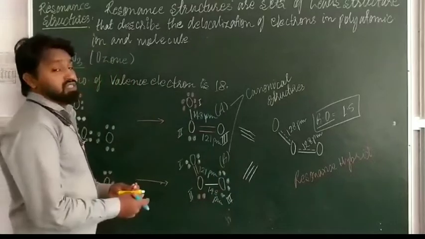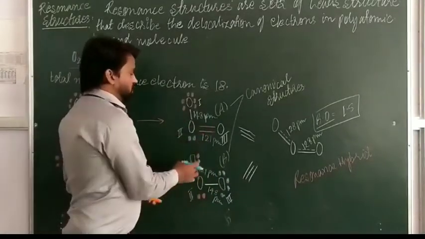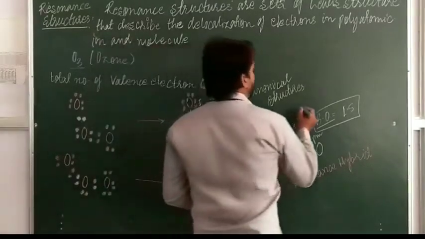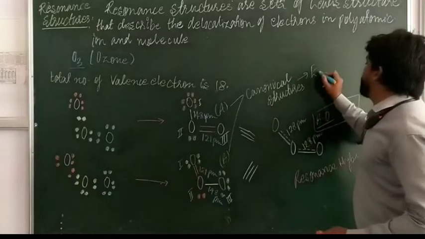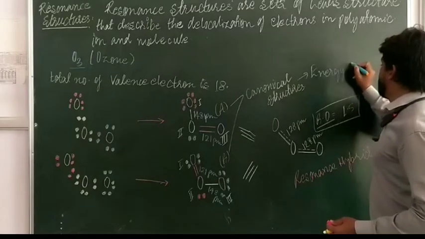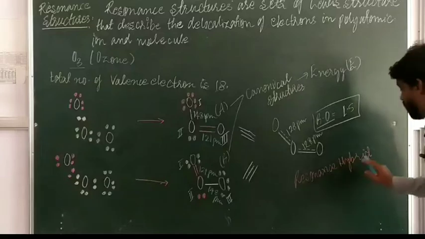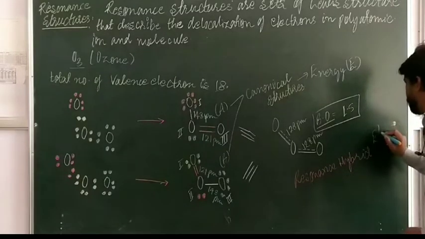If we discuss the energies of both of these structures, let us consider the energy of this canonical structure to be E, and the energy of the resonance hybrid to be E dash.